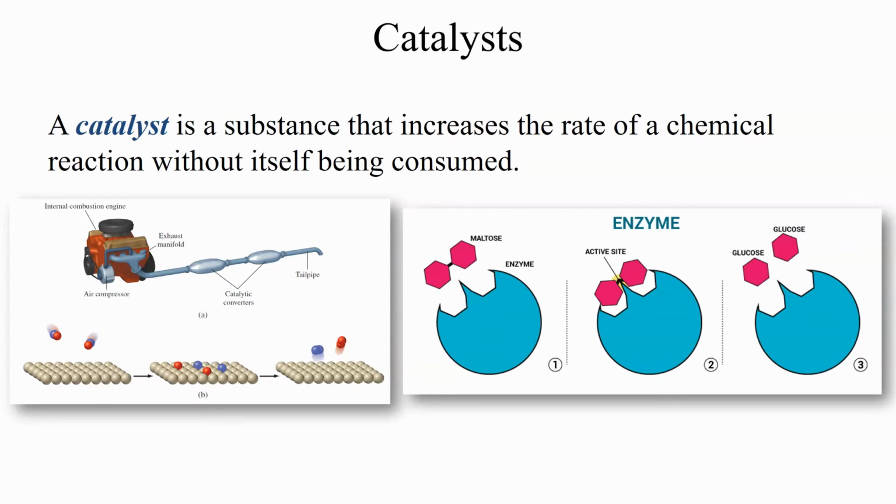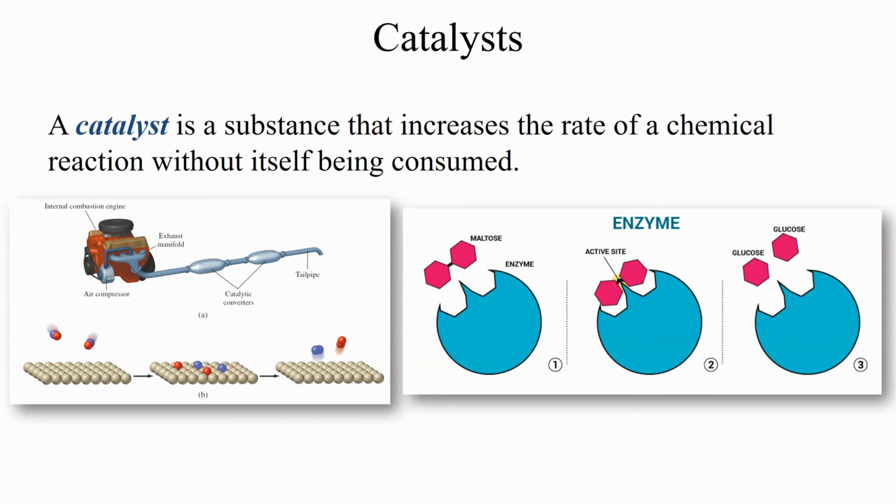So for instance, this enzyme assists in the conversion of maltose into glucose. You notice that nothing really happens to the enzyme, it remains, and it's only the maltose that gets changed. Same thing with a catalytic converter in a combustion engine.